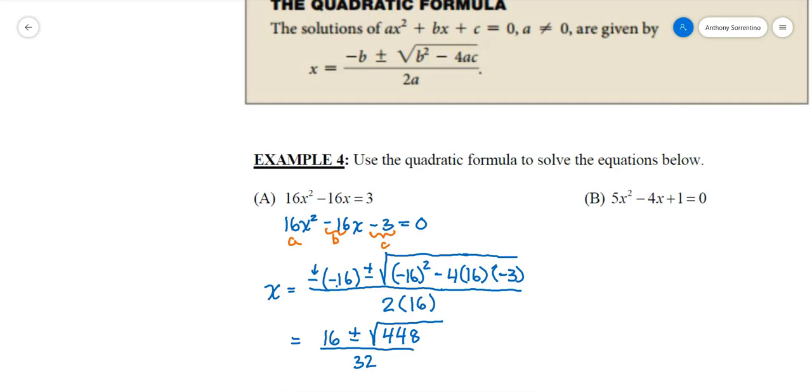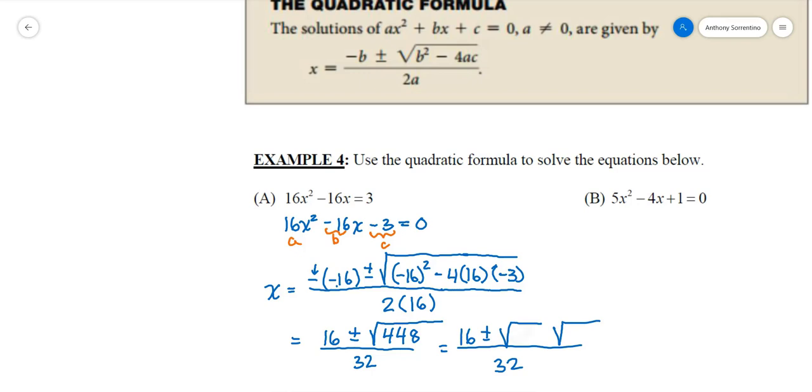The 16 and 32, I could do some cancellation with that, with several numbers, as long as I have the same factor for the square root of 448. 448, I could rewrite it as the product of two different square roots. The biggest perfect square that comes out of 448 is 64.